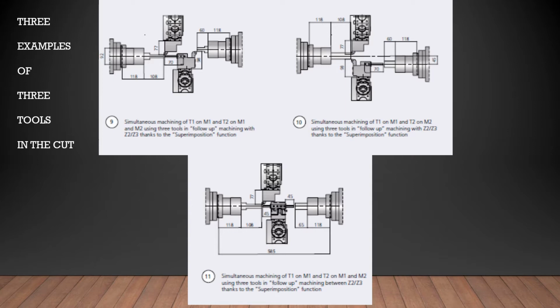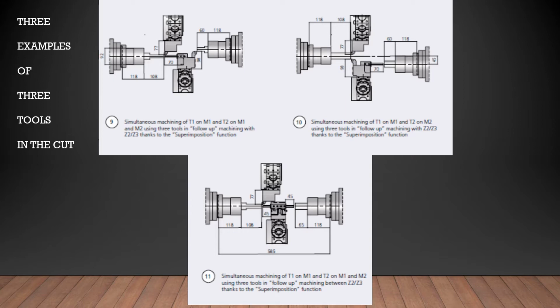So if you look at that closely, what you see is the lower turret equipped with a drill and a turning tool on the same holder. And while we're drilling on the main spindle, the subspindle is moving and turning in X and Z at the same time. That's superimposition.